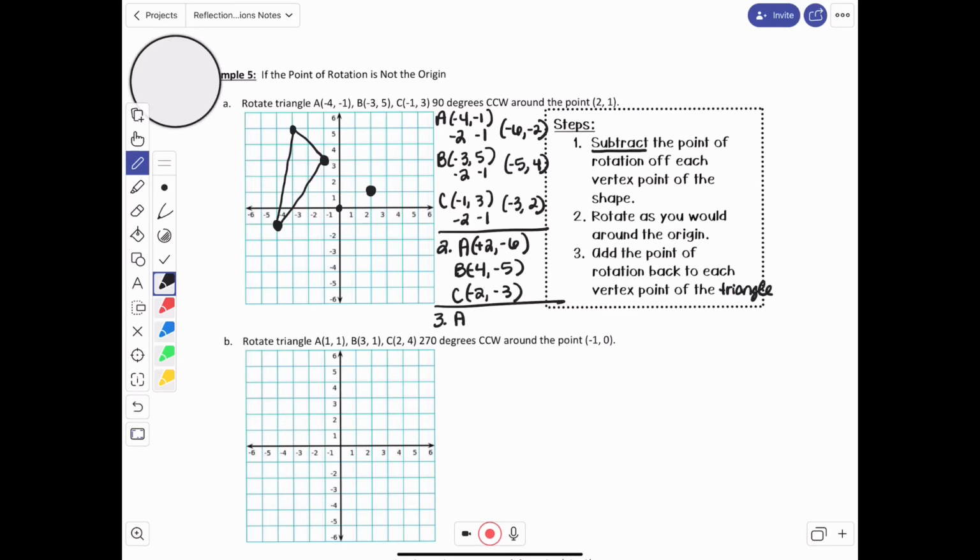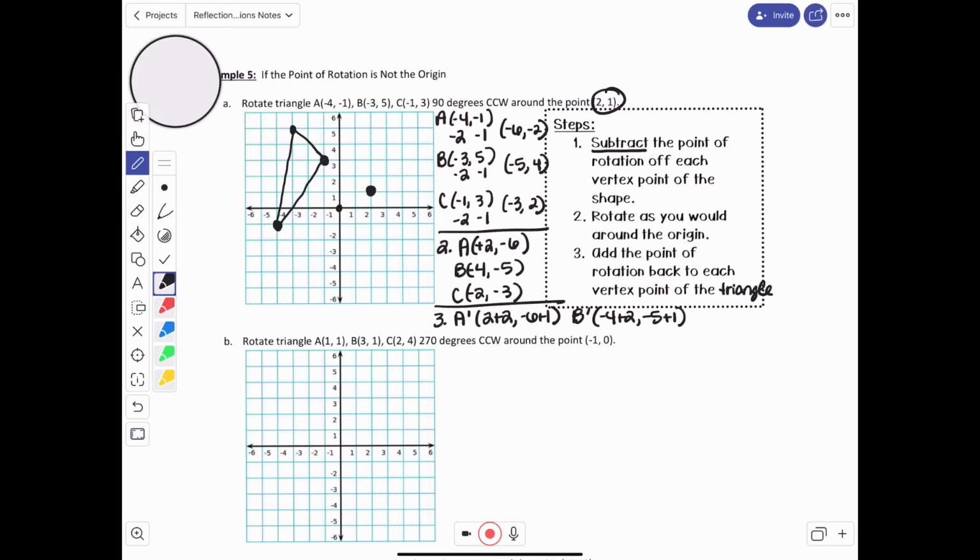So for my new point, so for A, I need to do 2 plus 2 and -6 plus 1, because this point right here is what I'm adding, okay? And for B, I would do -4 plus 2 and -5 plus 1.